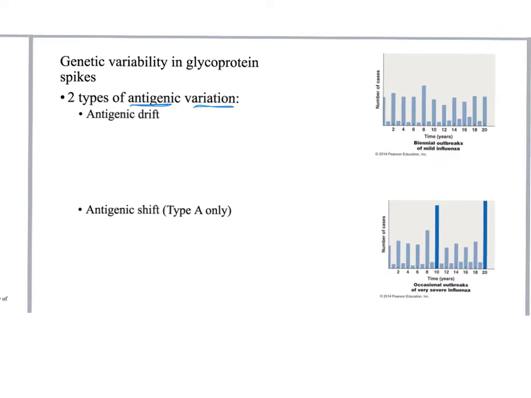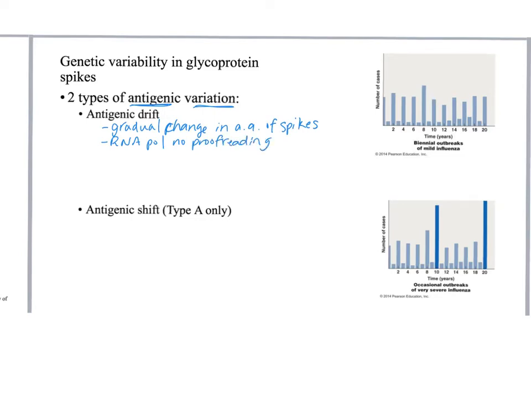Antigenic drift, that's kind of a gradual change in the amino acid content or composition of those glycoprotein spikes. Okay, so kind of slow mutations over time. Remember that RNA polymerase doesn't have, I mentioned that in passing, doesn't have a proofreading function.